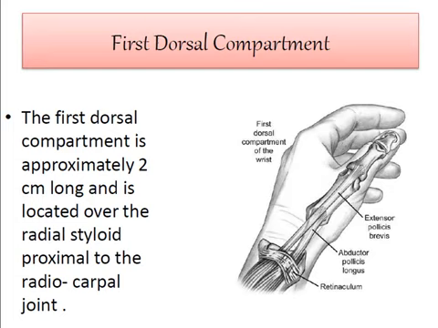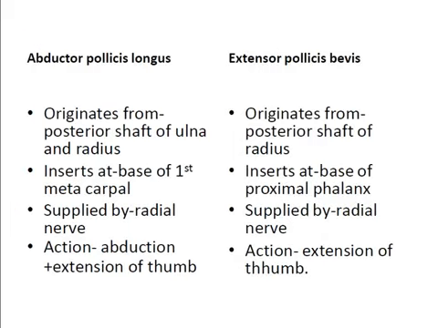So the first dorsal compartment is approximately 2 centimeters long and is located over the radial styloid, proximal to the radiocarpal joint. So these are the 2 tendons which are most often affected. Thickening and swelling of these tendons is most often the cause.